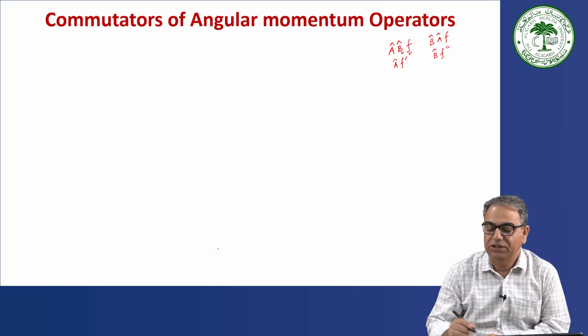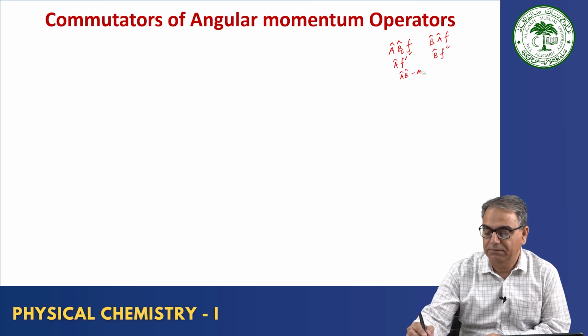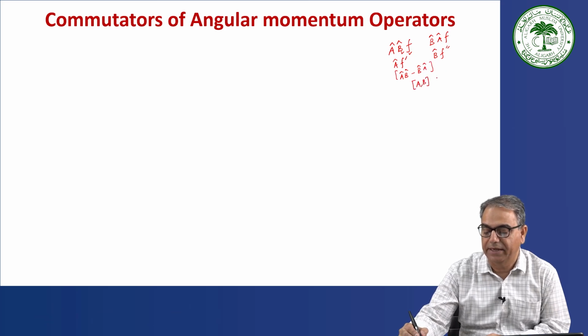If you calculate the value of AB minus BA, whatever value you get is the value of the commutator. This is normally written as [A, B] within brackets, and this is called the commutator.